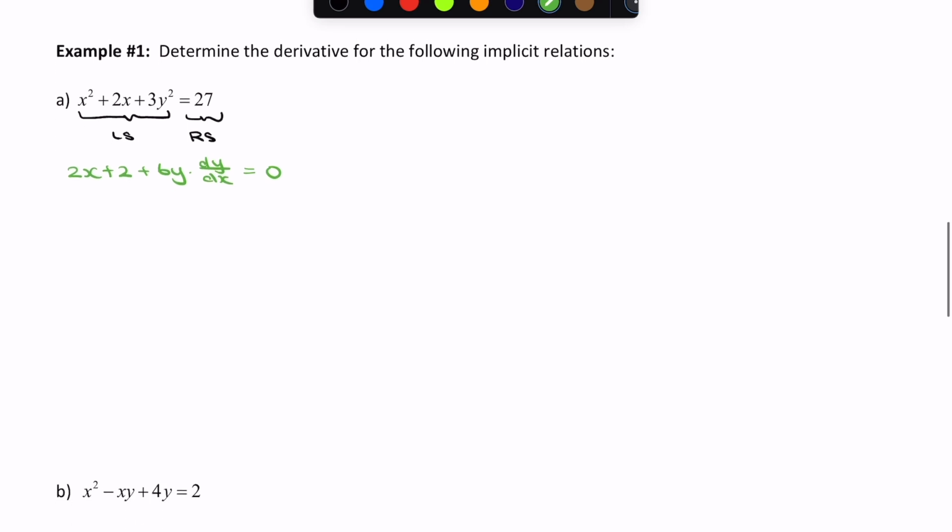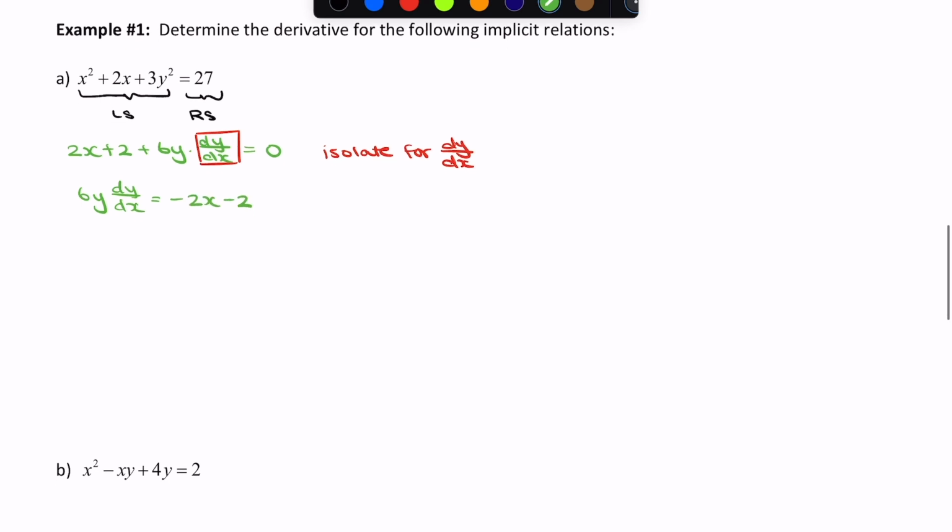What we want to do here is move everything to the other side because we are trying to isolate for dy over dx. So here we have 6y dy over dx is equal to negative 2x minus 2.